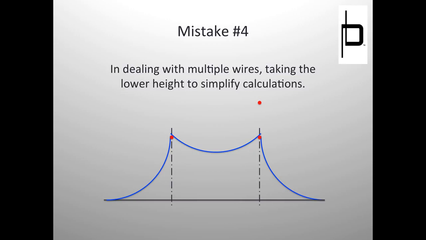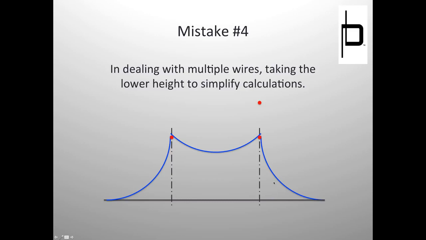You have to be careful when you talk about wires, though. Let's say this one and this one are my real wire heights, but to simplify calculations I say, well, we're going to make these two the same, we're going to make these two lower. This actually happened to me once. I was doing this for a client, and then I realized that by lowering this wire height, I've reduced the distance between these two wires. These two wires may now support a sphere, but in reality the distance may be greater than the diameter of my sphere, and the sphere could actually fall through.